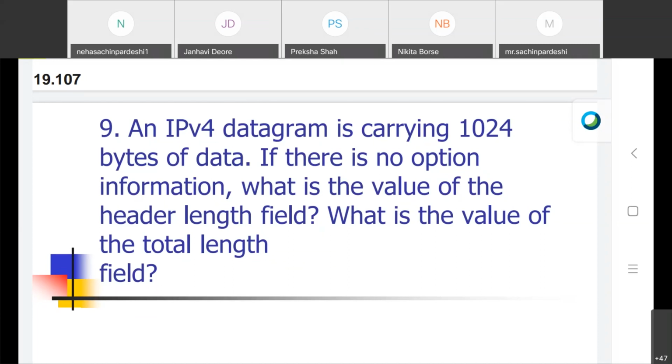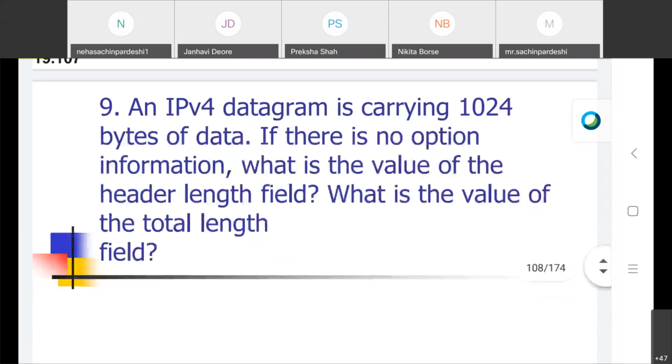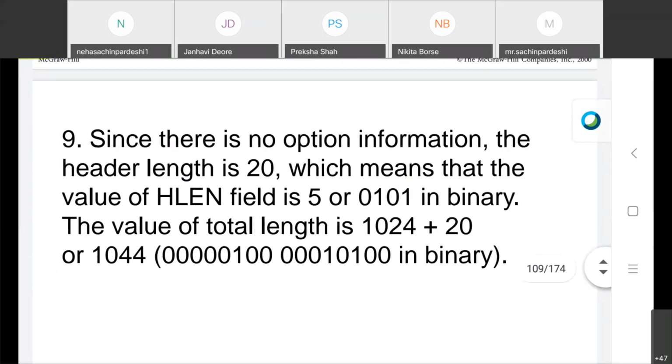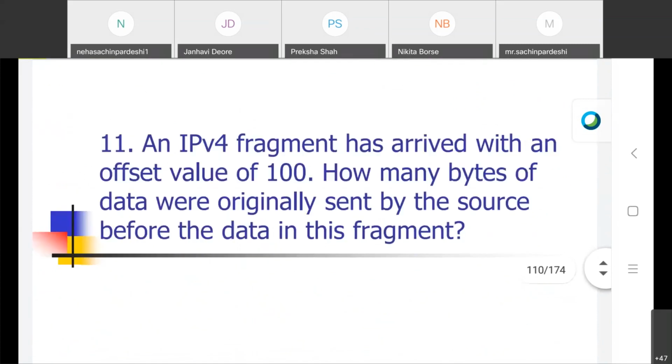The option information is not available, so definitely the IPv4 header size is 20. So 1024 plus 20, you will get the total length. That is 1044. This is the total length. So for all the problems, you just have to remember the concept.